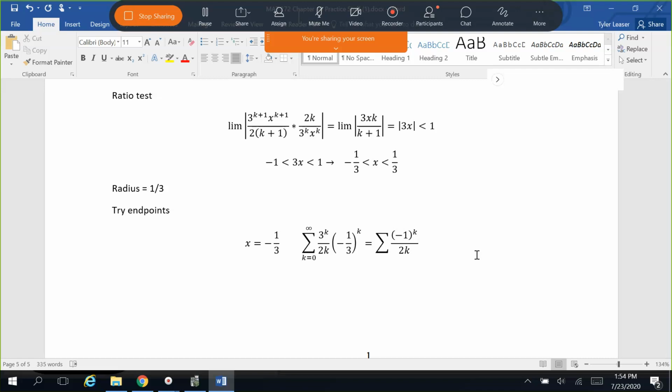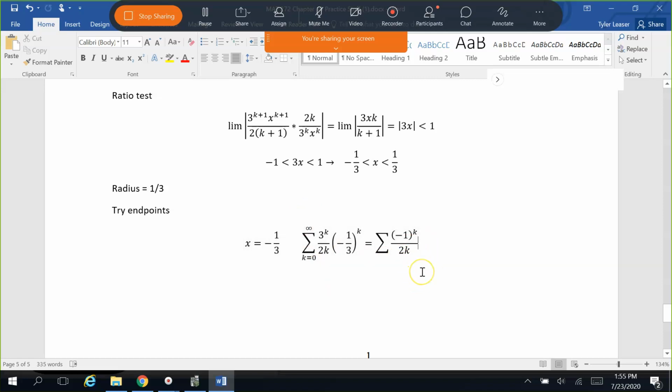This, we have to decide whether it converges or if it diverges. This is an alternating series, so we can just use the alternating series test. I'm not going to write it all out. Let's just go through the three things in our head. If I ignore the negative 1 to the k, that means that my u sub n is just going to be 1 over 2 to the k. Those are definitely always positive as k goes from 0 to infinity.